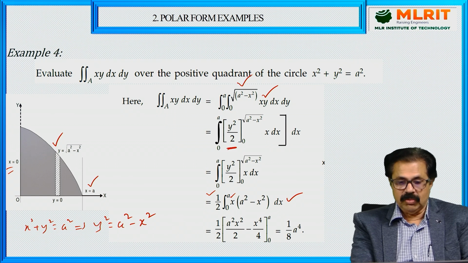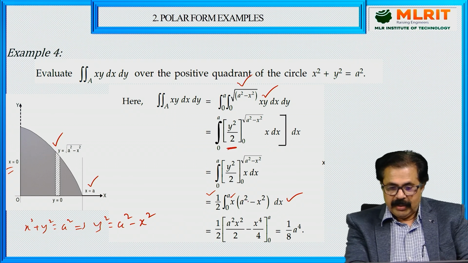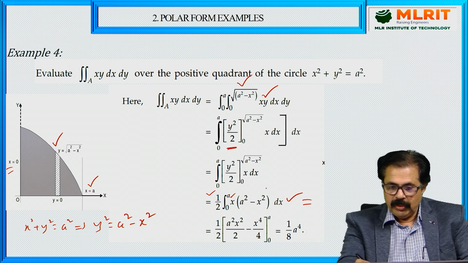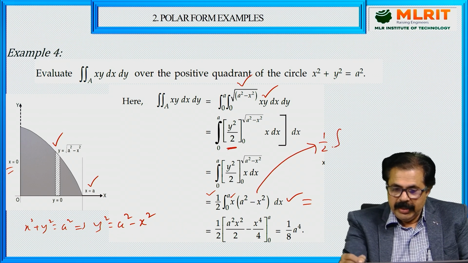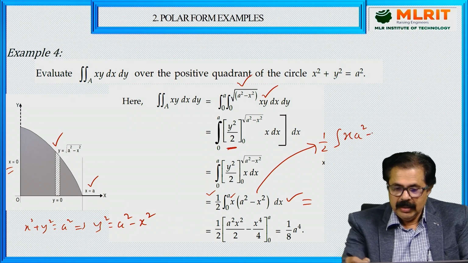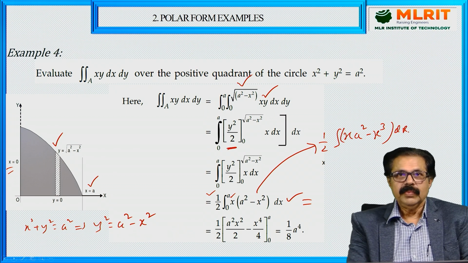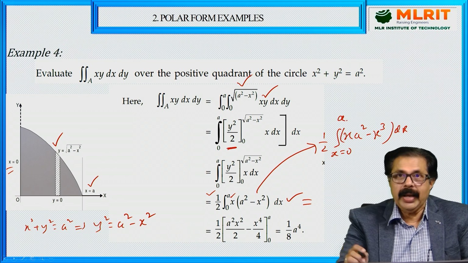Now multiply throughout: x into a square by 2 minus x cube. So you can see the step here. What is happening? We have 1 by 2 integral of x a square minus x cube dx, and limits are from x equal to 0 to a.